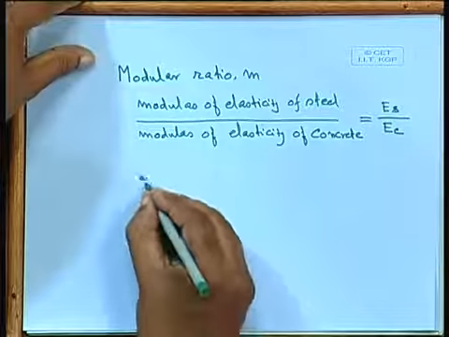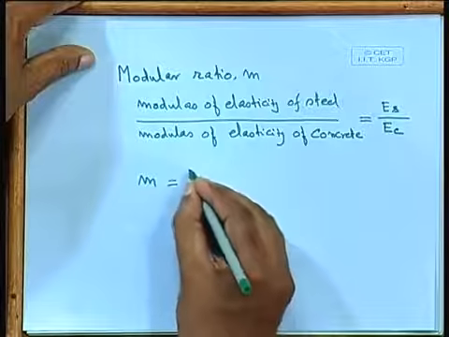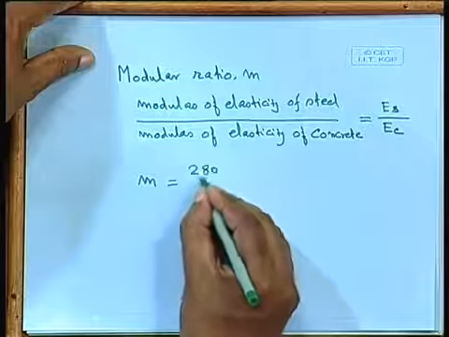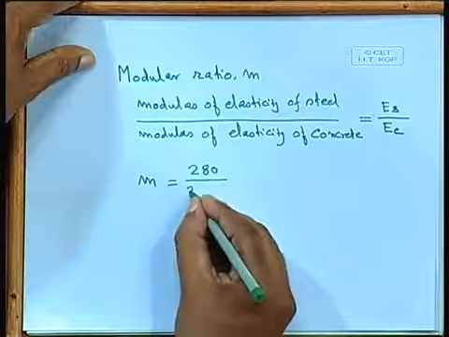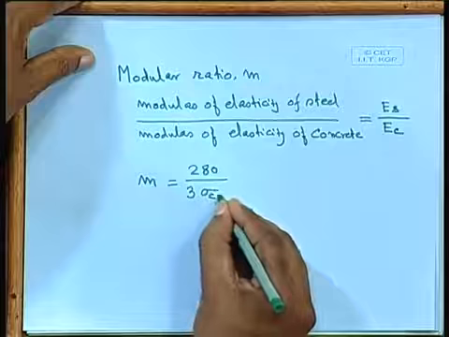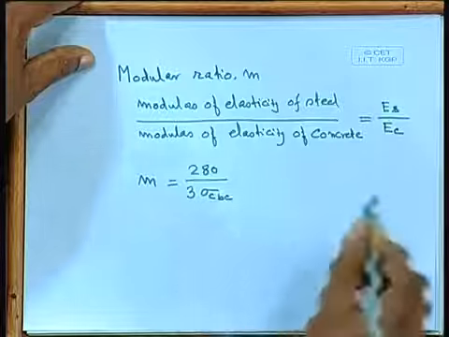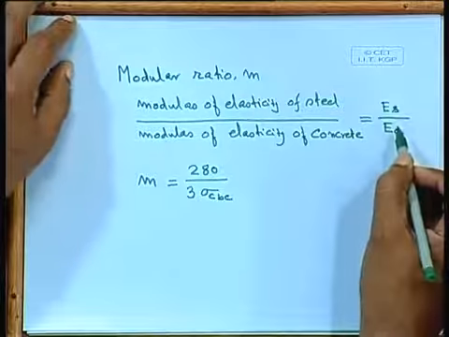Our code says m equals 280 divided by 3 sigma cbc, so we do not take it from Es by Ec.